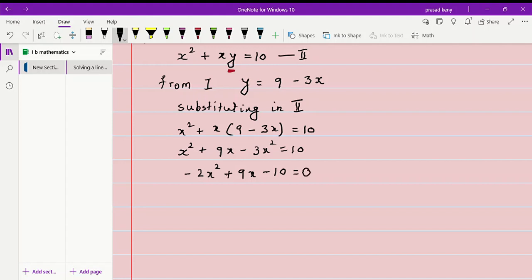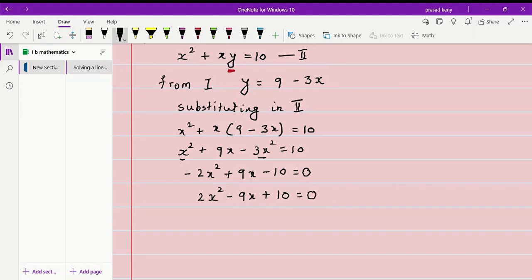Now I will change the sign throughout and make the x square coefficient positive. So I will get 2x square minus 9x plus 10 equal to 0. So I got the quadratic equation in the standard form.